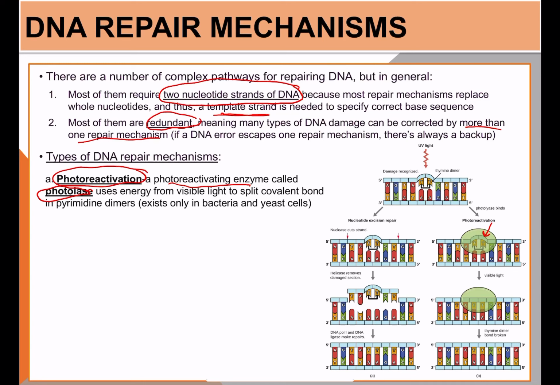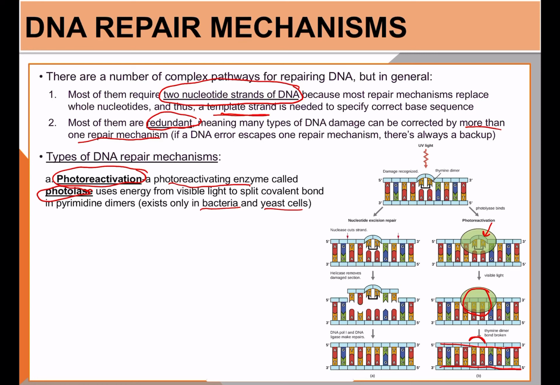Once you split that covalent bond, you have your normal pyrimidine pairs there, and it won't create that bulge that existed in the original pyrimidine dimers. Now you have your normal shape of the double helix because those covalent bonds were destroyed by photolyase.